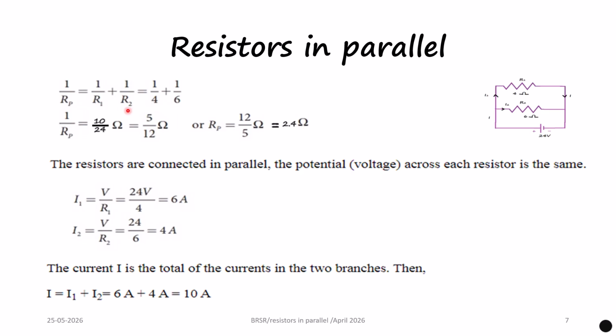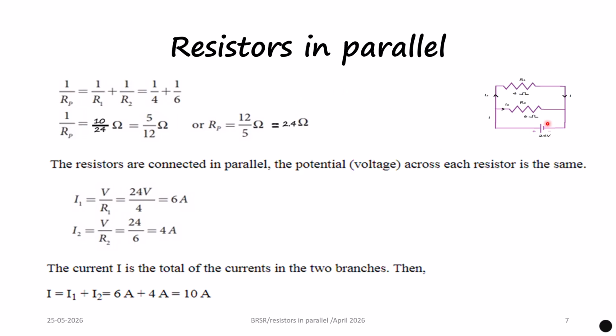When reduced, it becomes 10 by 24 ohms or 5 by 12 ohms. The reciprocal of 1 by Rp will be 12 by 5, so it is 2.4 ohms. So the equivalent value of the resistance here is 2.4 ohms.